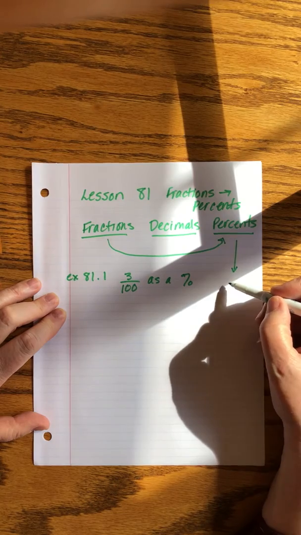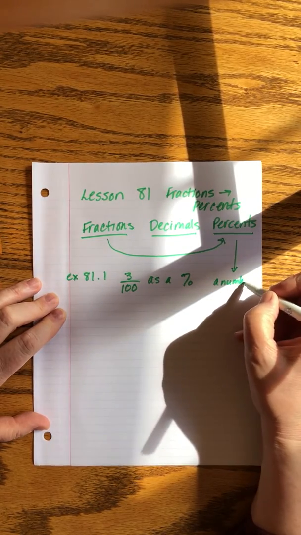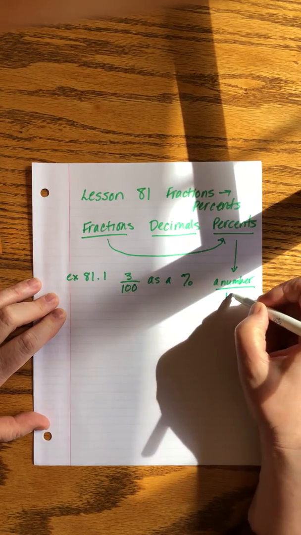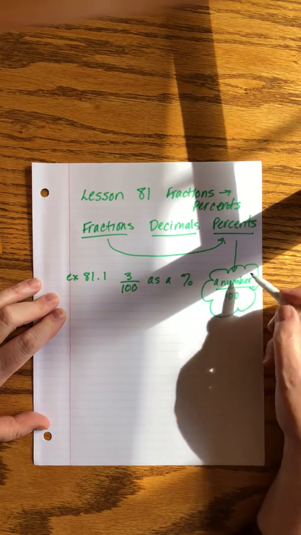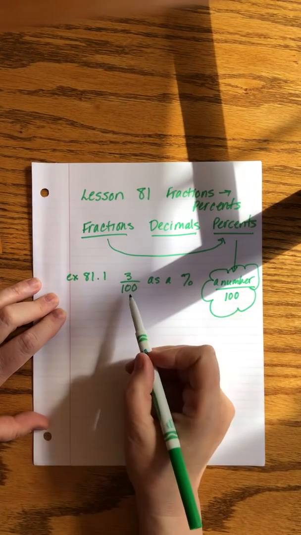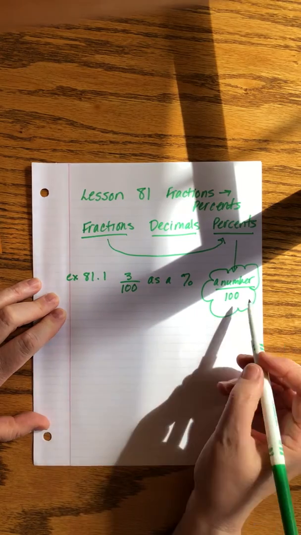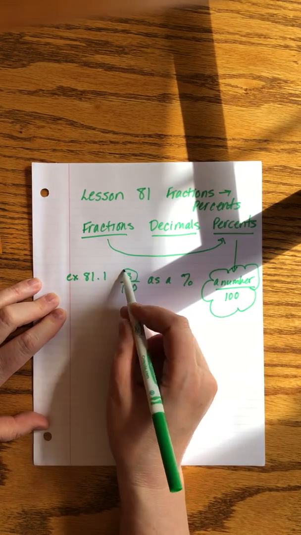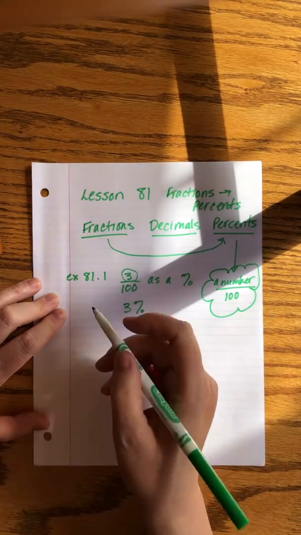Percents are always some number over 100. Percents are always a fraction with 100 on the bottom. So when John gives it to us as a fraction already with a 100 on the bottom, we can just take this number and make that the percent. Make sense? That's our final answer.